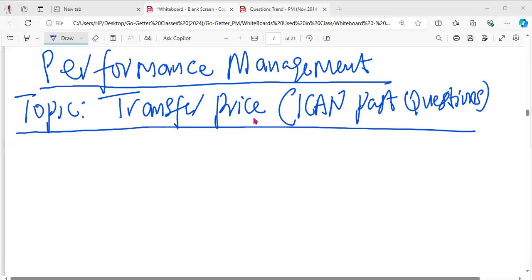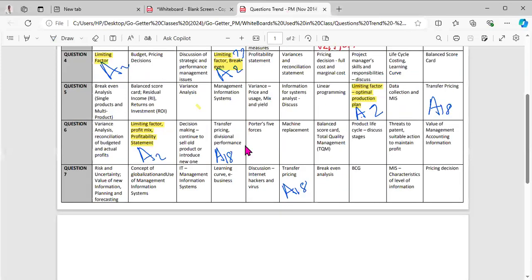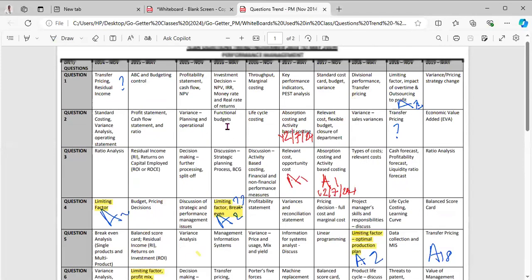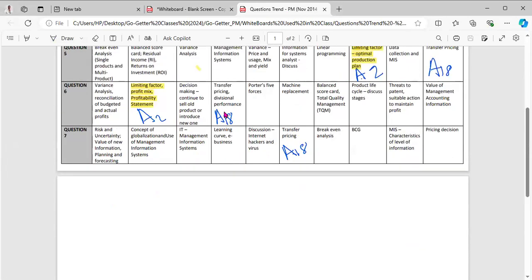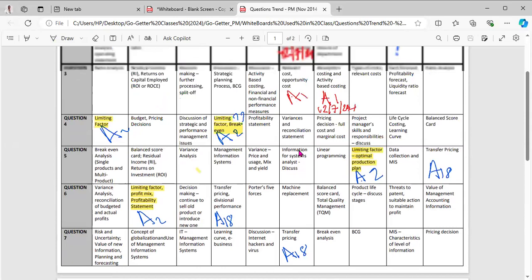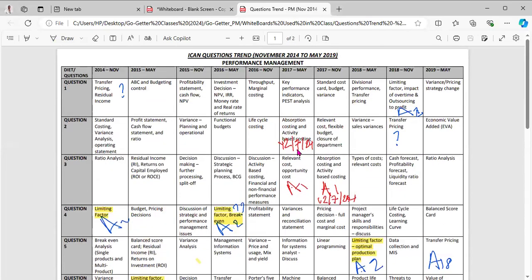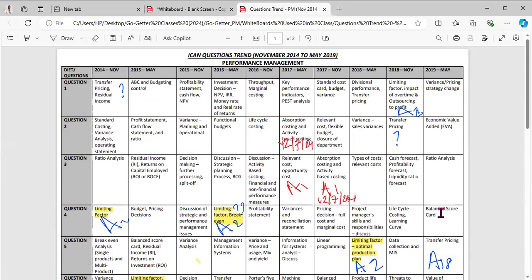And we have our question trend here. We looked at May 2016, question 6, and May 2017, question 7. I think we have looked at question 5 too, but we should see which other questions have transfer pricing.